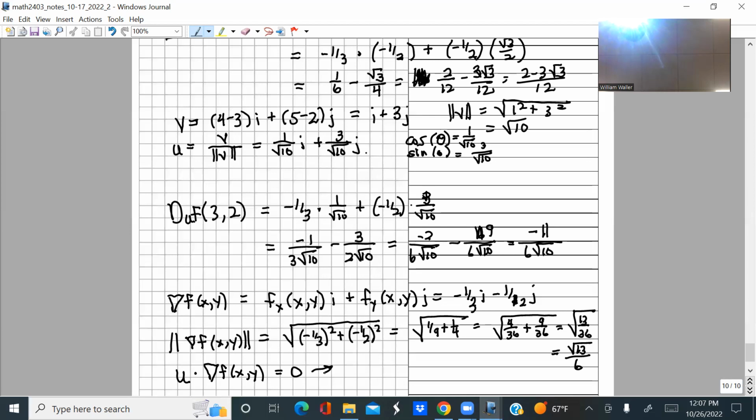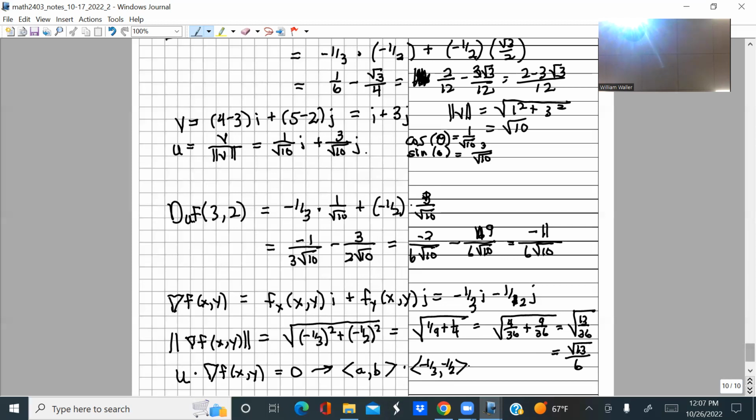All right. So let's put this not in standard form, not in IJ form, but let's write these vectors in what is called component form. We need variable names here. So let's call this vector u = ⟨A, B⟩, and then dot the gradient vector. What's the gradient vector though? Minus 1/3 and minus 1/2.